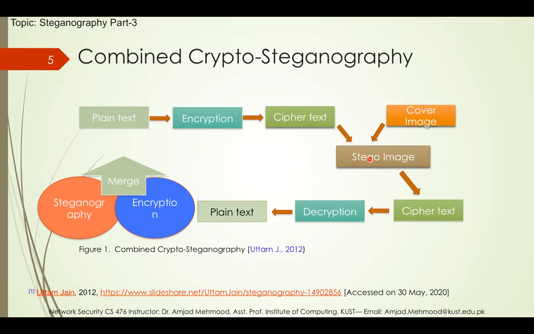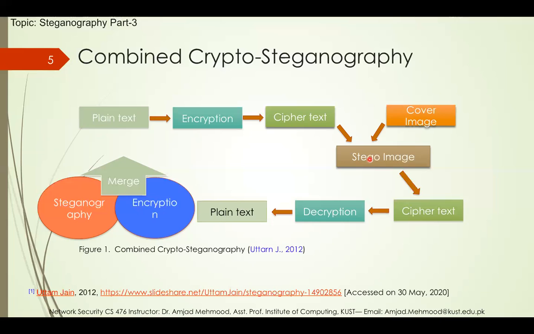So with the combination of both technologies, you will get the benefit of both. Steganography will hide your information inside some other information. So first of all, the intruder will not be able to detect where your information is located.